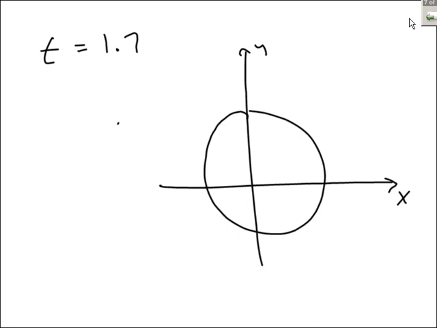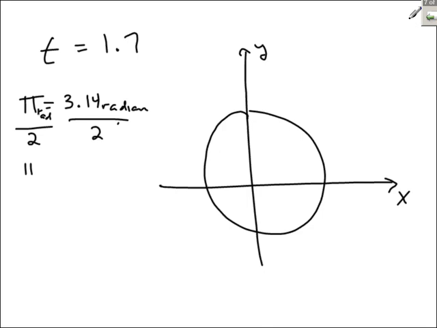Nothing major. We'll talk about it right now. You should know that pi as a number is 3.14. Even as an angle, pi radians is 3.14 radians. If I divide by 2, I get pi over 2 radians.